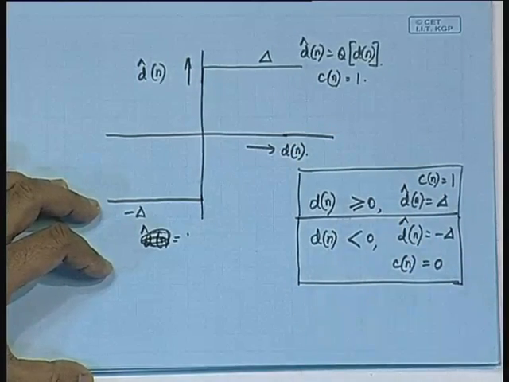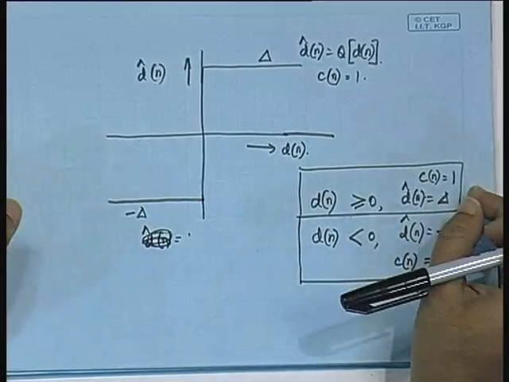Now, delta modulator looks pretty attractive in the sense that it just requires 1 bit per sample. Which means that if we have a sampling rate for speech at 8 kilohertz, a simple linear delta modulator would mean that we will be encoding the signal at 8 kilobits per second.